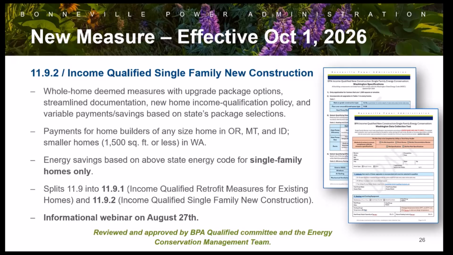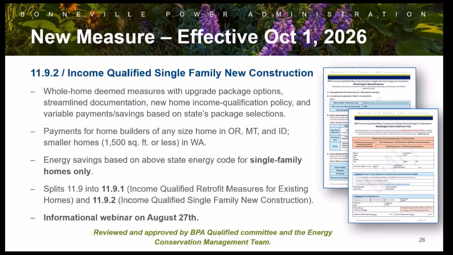Each one of those states will have different specifications because it is based on state code, and looking at what are packages of upgrades that you can complete in each one of these new construction homes.